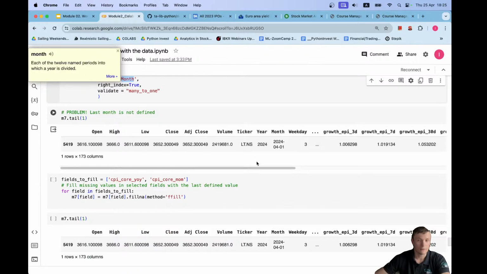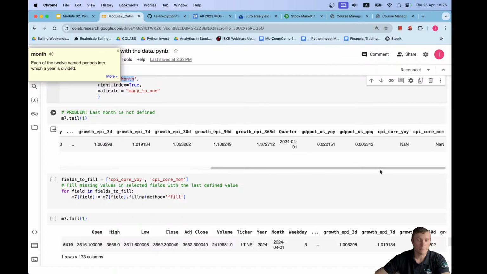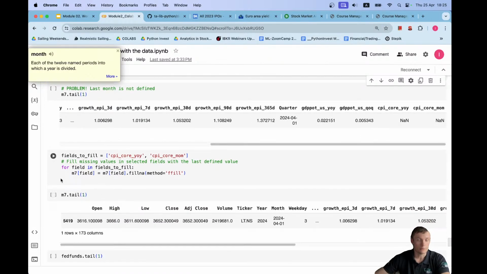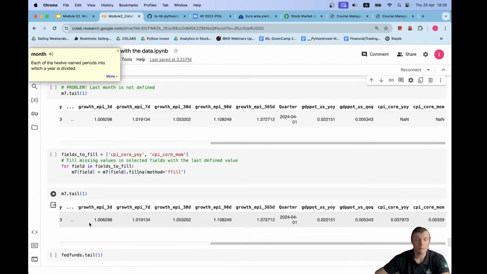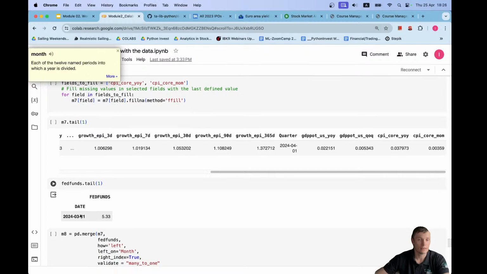Fields to fill: we noticed that these fields are NaNs, and we can use the fact that Pandas knows it's a time series, and it can fill with the latest available stats using the method ffill, and it will fill with the stats from the previous months. So now we have better data.